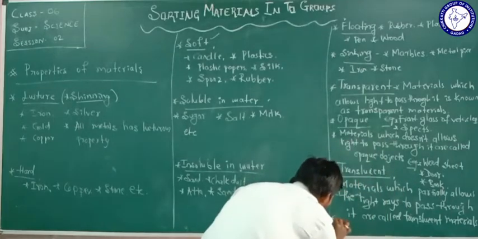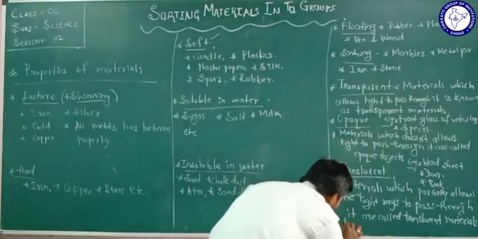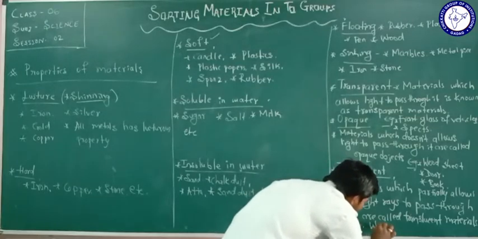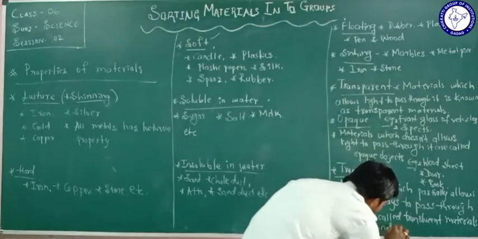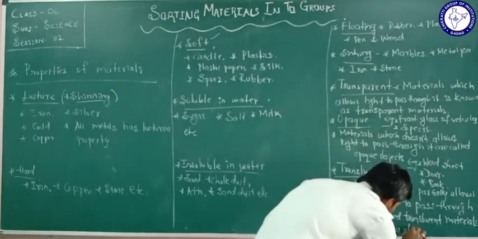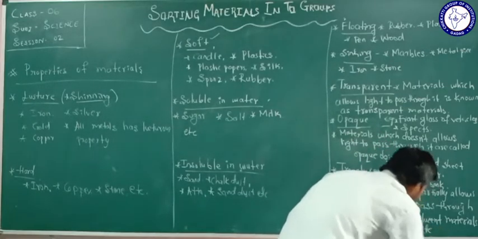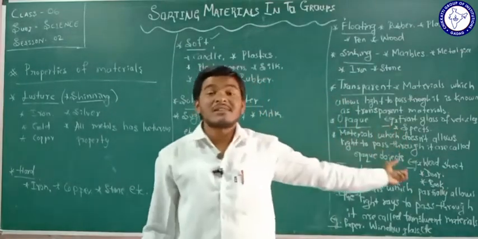Examples of translucent materials are paper, window glass, etc.